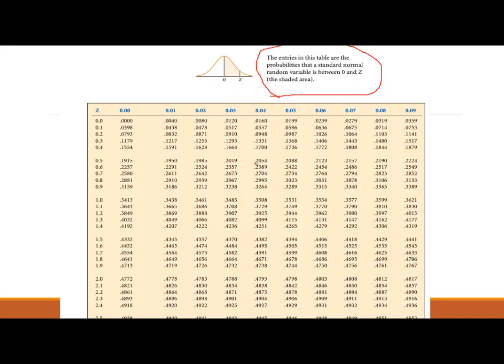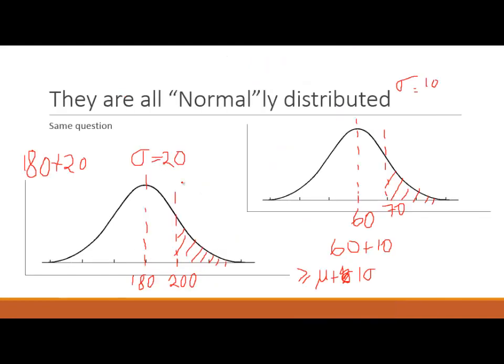This is actually pretty easy. Okay, I'm going to step back. If I want to know the probability of being in this area, if I want to know the probability of getting somebody above the mean plus 1 standard deviation, remember this? The mean plus 1 standard deviation, which is this area.